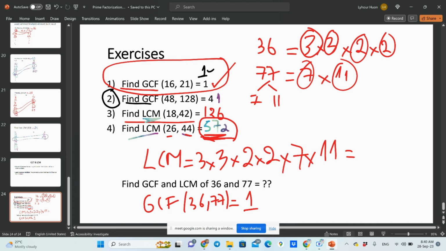3 times 3 equals 9, times 2 equals 18, times 2 equals 36.